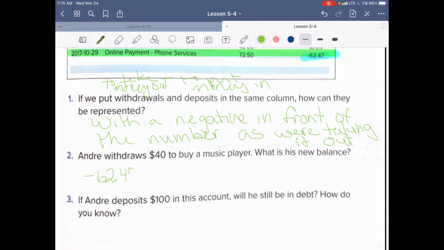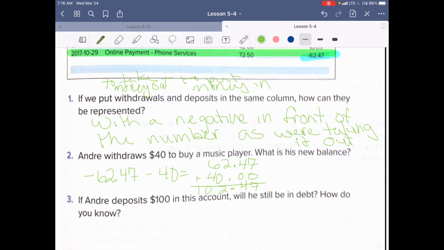So if he withdraws another $40 from that, we would have negative 62.47 minus 40. So when we have a double negative like this, what we would do is just add the numbers together. So we would be able to do 62.47 plus 40. And when we add that up, we have 47 cents still, 102.